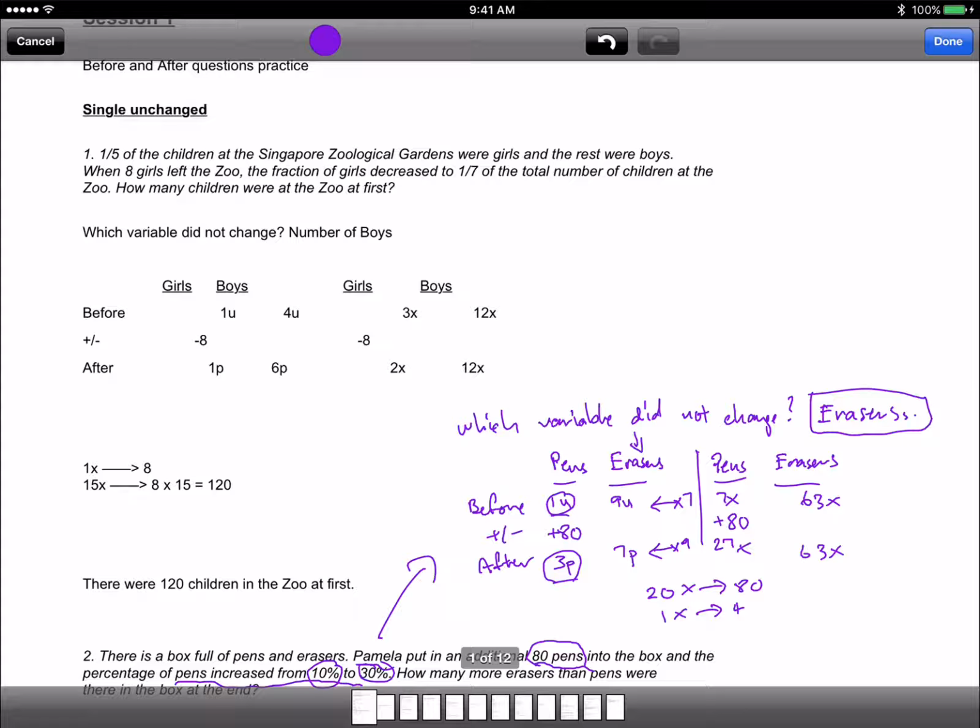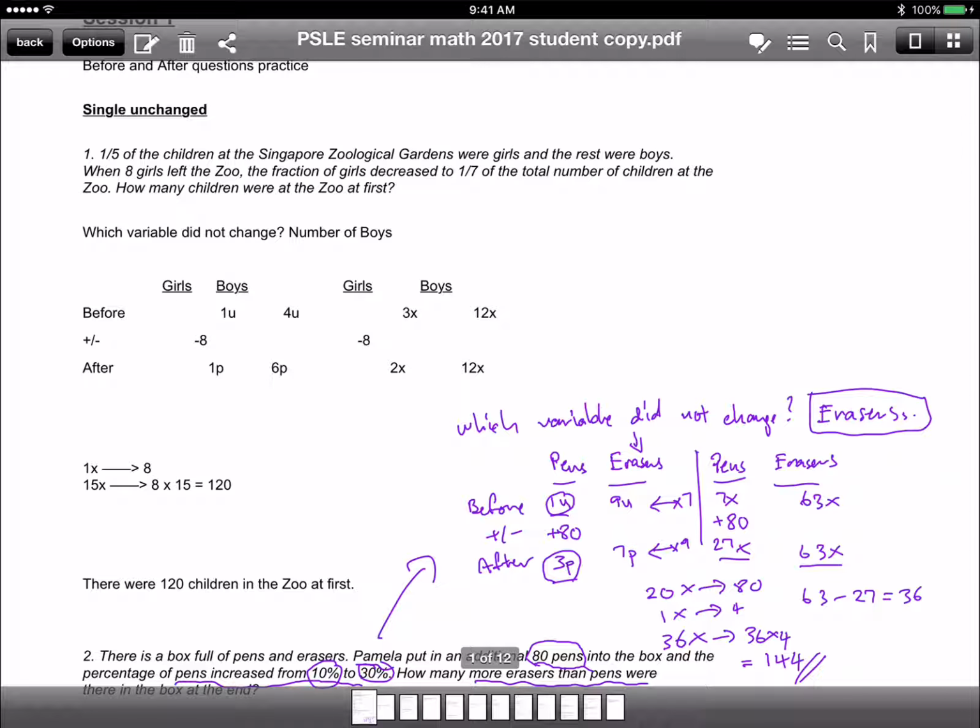Since the question is how many more erasers than pens were there at the end, I take 63 take away 27 equals 36. So I'm trying to find 36x. It should be 36 times 4, which equals 144. So the answer is 144 for this particular question.